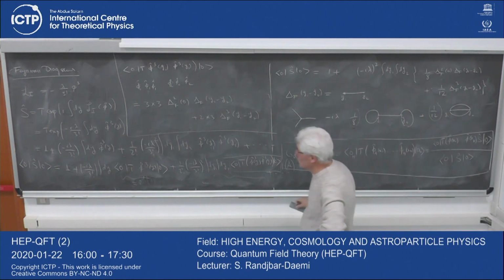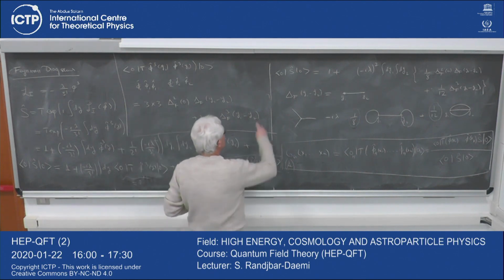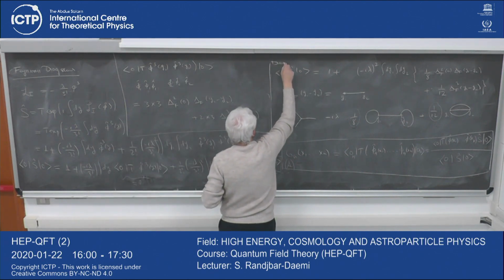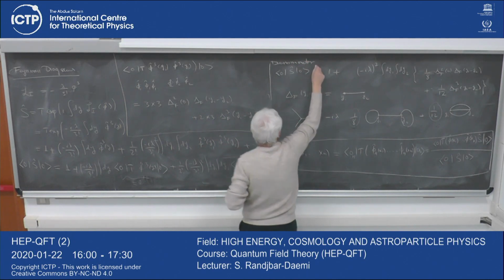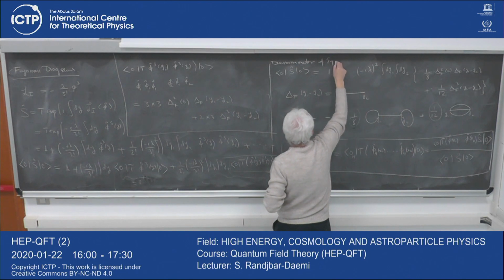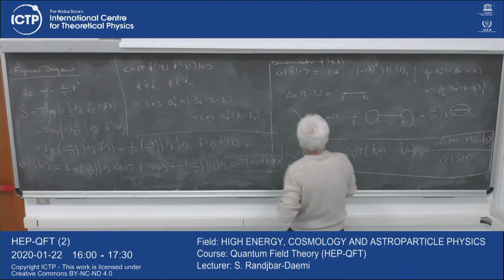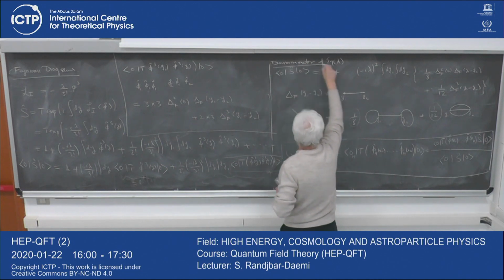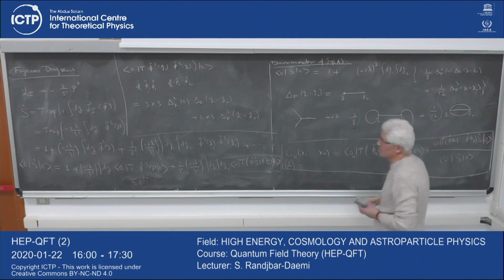The main part, of course, comes from the numerator. So this was the denominator of equation A. This is equation A, given by this expression or by this graphical expression.